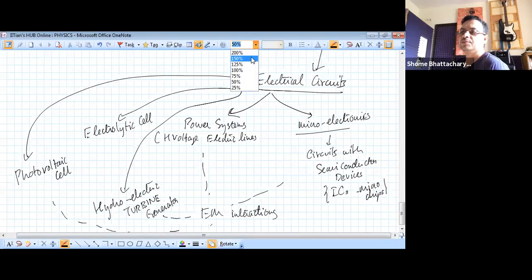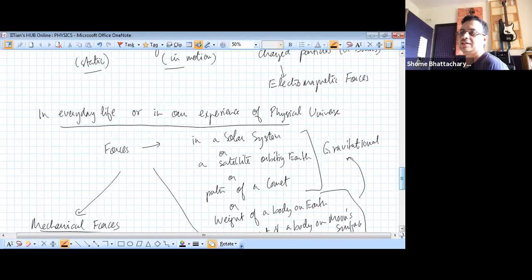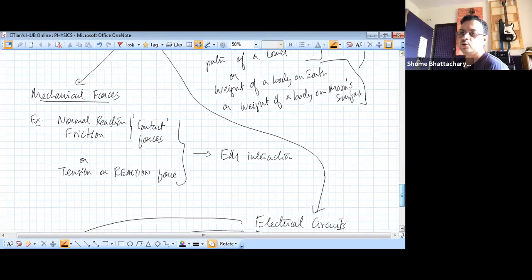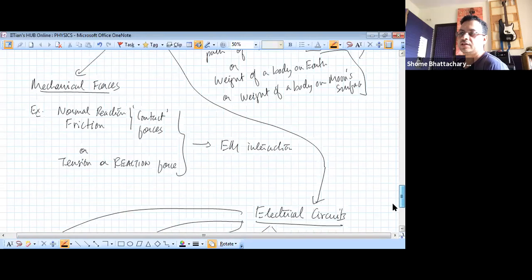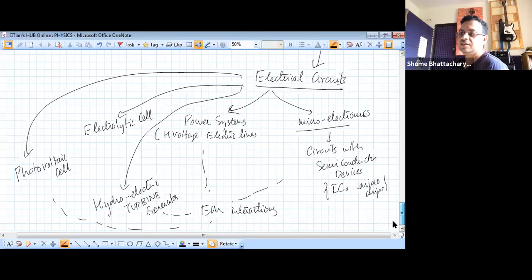So most of the things that we experience in our everyday lives come under the category of either gravitational, if we are talking about celestial bodies and astrophysical elements, or electromagnetic, if we are talking about mechanical forces like this, or the forces in electrical appliances, electrical circuits, electrical devices, etc. They all come under the category of electromagnetic interactions.